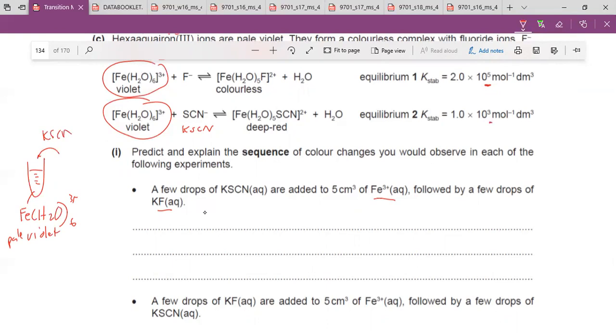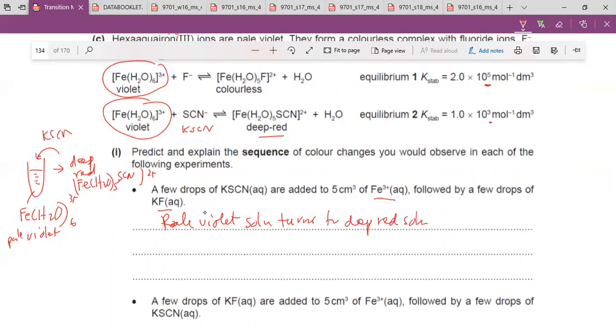Of course, it will turn to what? Deep red, right? So it forms deep red, which is your Fe(H2O)5SCN 2+. So the pale violet solution turns to deep red solution when KSCN is added, followed by a few drops of KF.